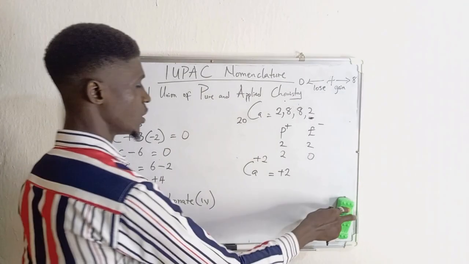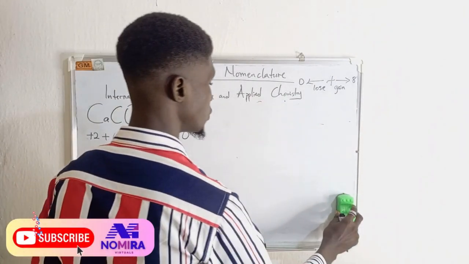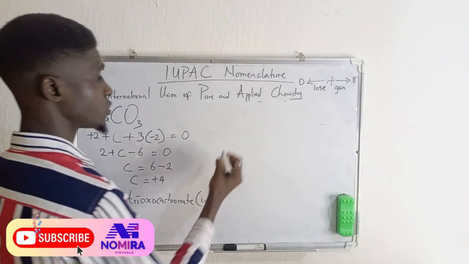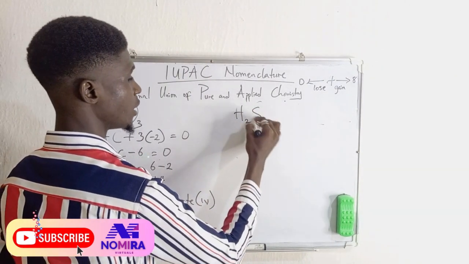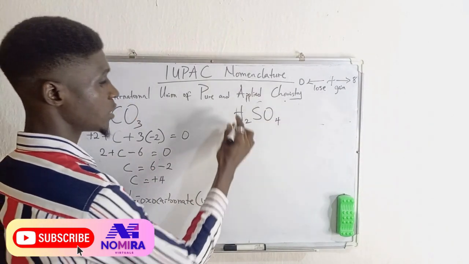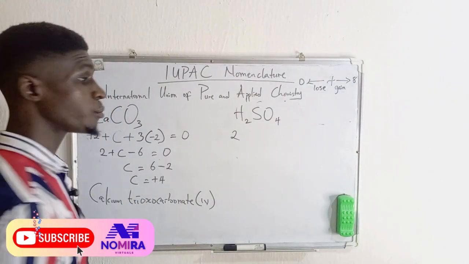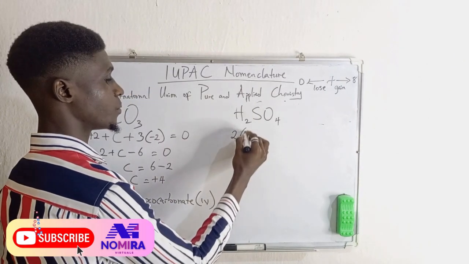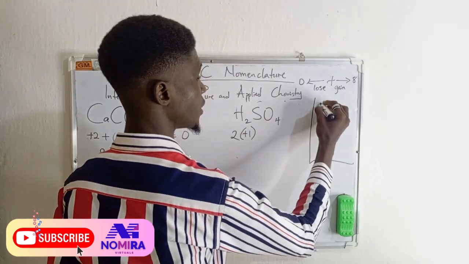Now let me give you another example. Let's see a compound like H2SO4. In this case, hydrogen comes with 2, and the oxidation number of hydrogen is +1. How do you determine that? Pay attention.